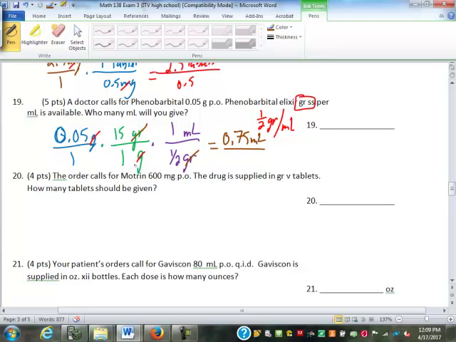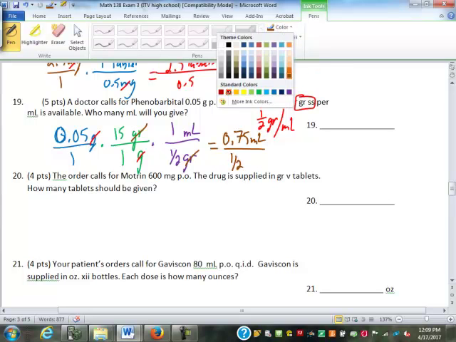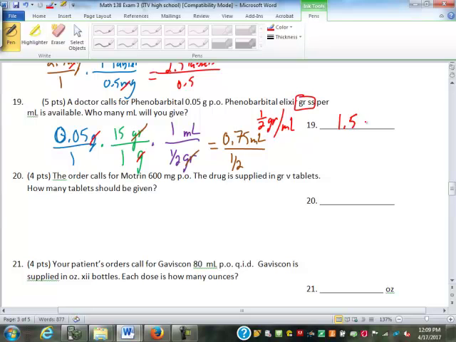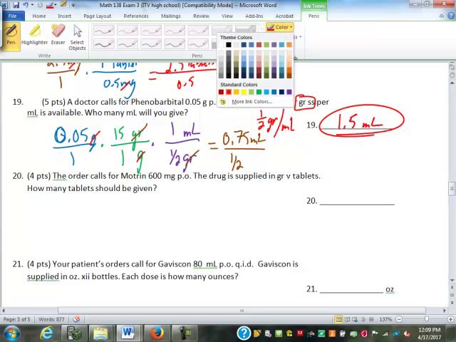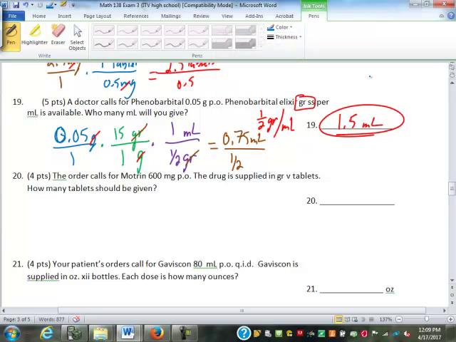And on bottom we have 1 times 1 times 1/2 is 1/2. 0.75 divided by 1/2 is 1.5 milliliters. So that one was mostly a matter of remembering your unit conversions from our last unit.